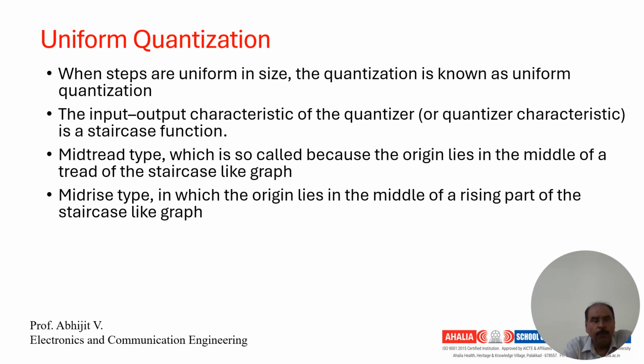Since the message sample m is a zero mean random variable with PDF f_M(m), the average power of the signal is equal to the variance.